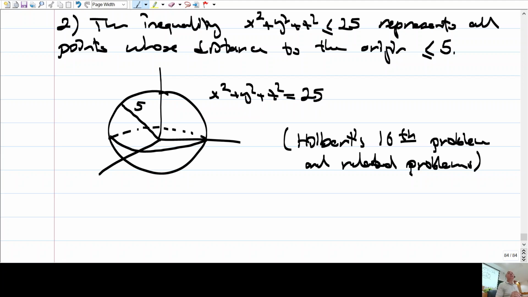In 1900, there was an international conference, and in that conference, Hilbert gave a list of problems. He said that in the 20th century, this will be the focus of mathematics, and this is the 16th problem in that list. It is still unsolved.